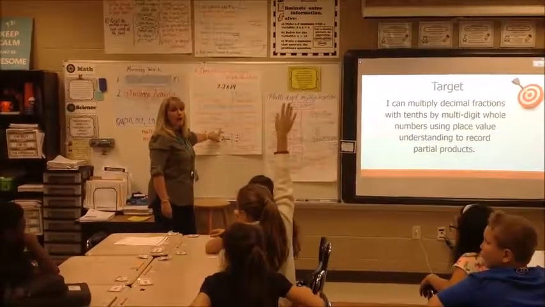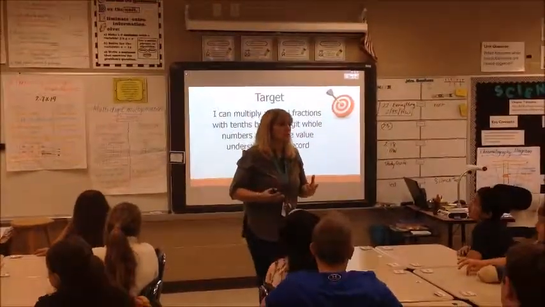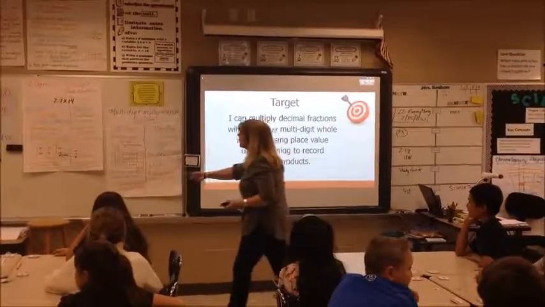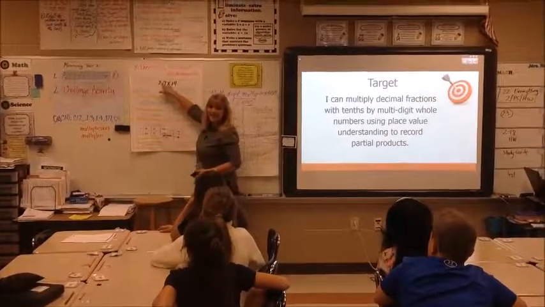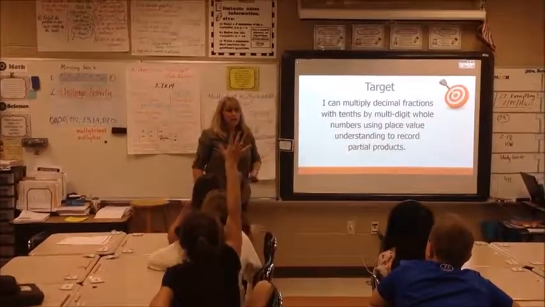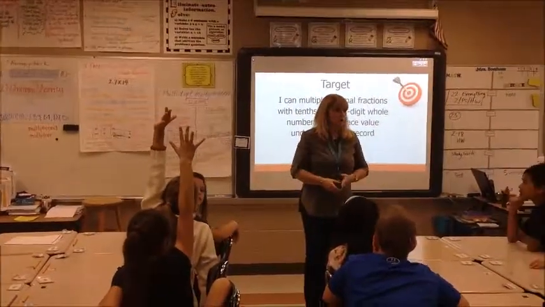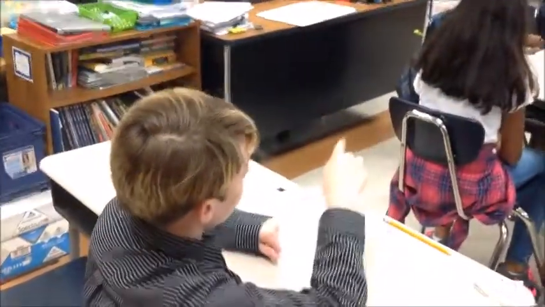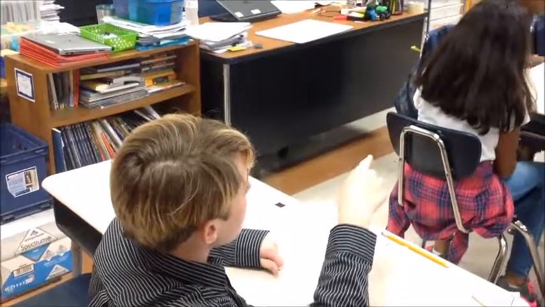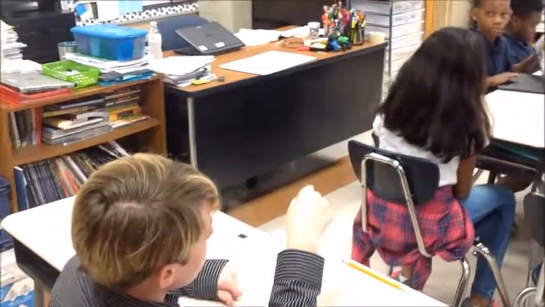Once we make our area models, it's so much easier to use whole numbers. But if we are working with a decimal, is there any way that I can represent this decimal as a whole number so it'd be easier to work with? Brian knows. I think most of you know. Brian? You can say 27 tenths because the 7 is the last digit in the number and it's in the tenths.